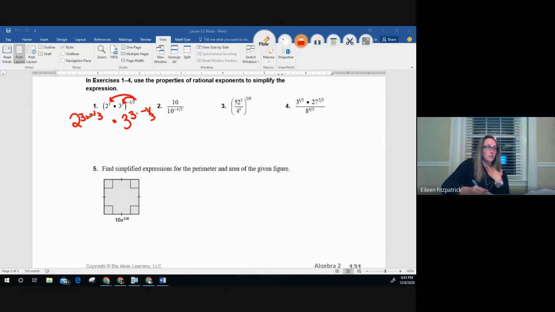So 3 times negative 1/3, that's going to be 2 to the negative 1 times 3 to the negative 1. All right, now I'm going to drop and make the exponents positive. So it's 1 over 2 to the first times 1 over 3 to the first. So that's really just 1/2 times 1/3, which is going to give you 1/6.